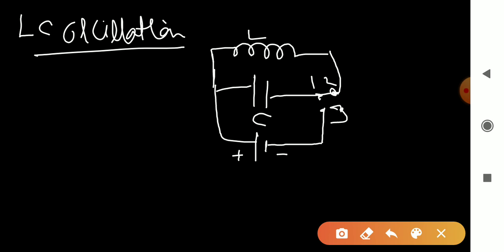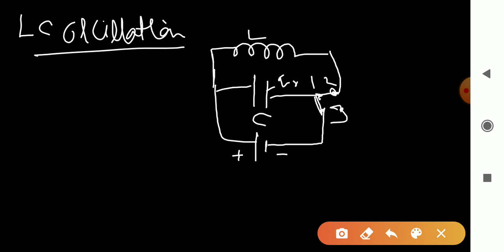Now connect terminal 1 to terminal 3. In the first case, connect terminal 1 and terminal 3 by inserting a plug between them. The capacitor gets connected across the battery and very soon it gets fully charged to store charge Q naught.